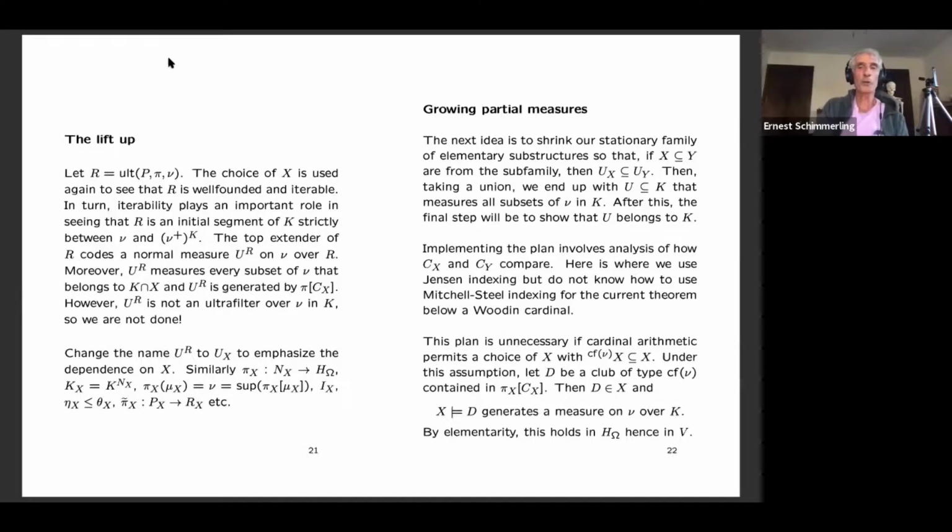Of course, I'll say more about what we do for Mitchell-Steel indexing.